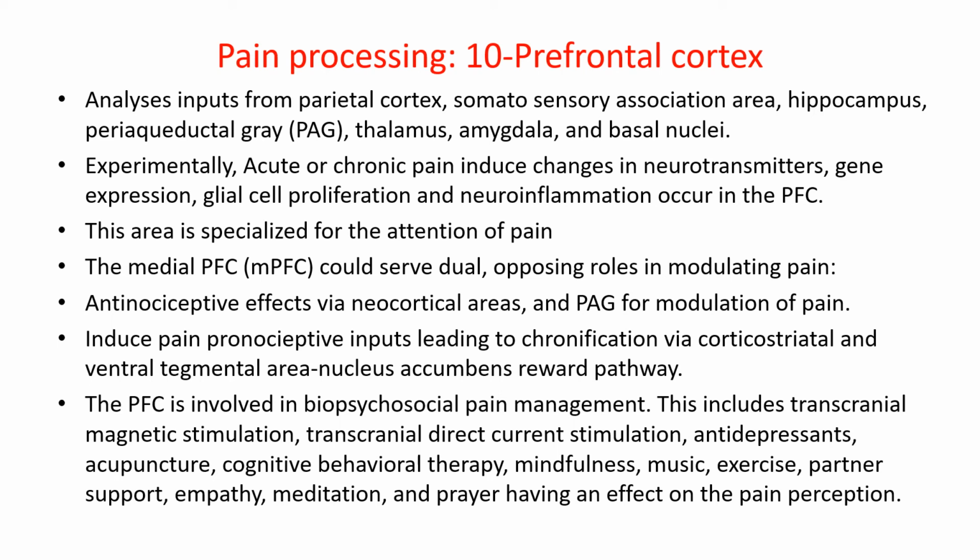It receives inputs from the hippocampus regarding the particular modality of the pain, and the inputs from the periaqueductal gray are analyzed. The thalamus, the medial dorsal nucleus of the thalamus, amygdala, and the basal nuclei, and accordingly it will provide the information for the execution.